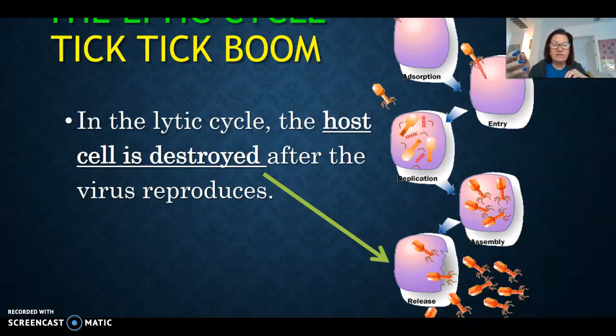If you get infected, you can see from the little pictures here that the virus attaches to the cell. It injects its DNA into the cell. Then it starts taking over the ribosomes and stuff to make its parts. And then it reassembles, and then it bursts out of the cell.